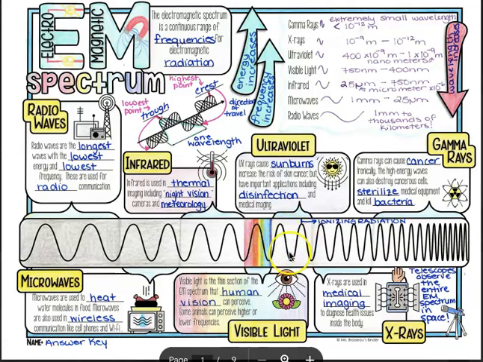It puts out ultraviolet, which we can't see, but it has more energy, and it can cause the cells of your skin to burn. So it can lead to sunburns if you're exposed to too much. That's kind of a negative of it.